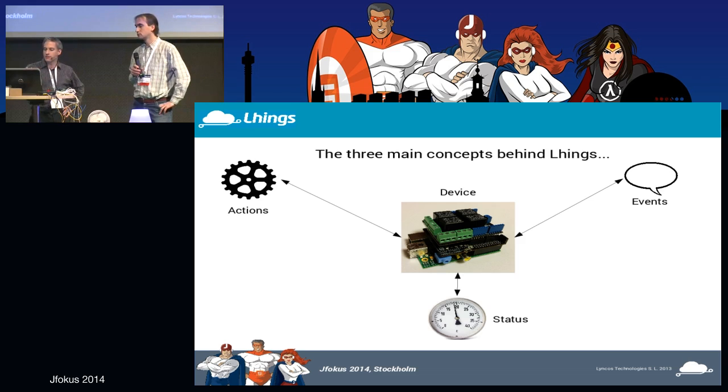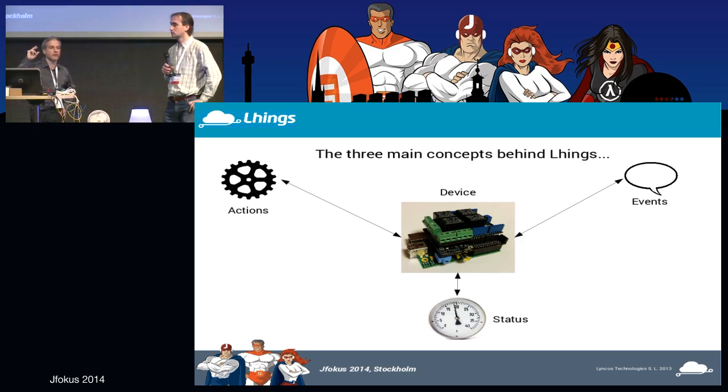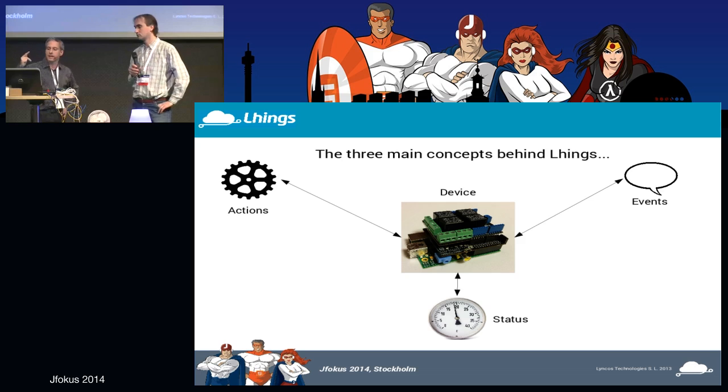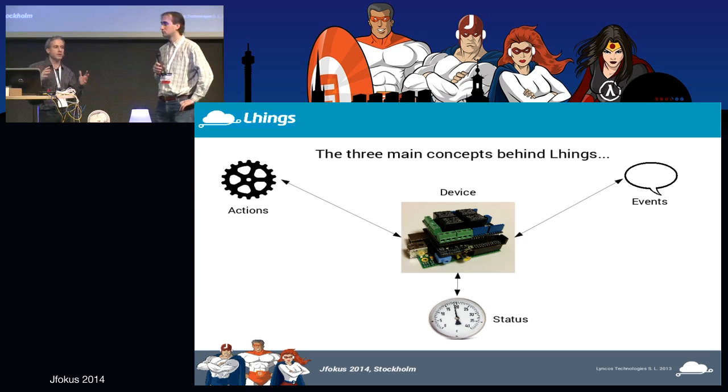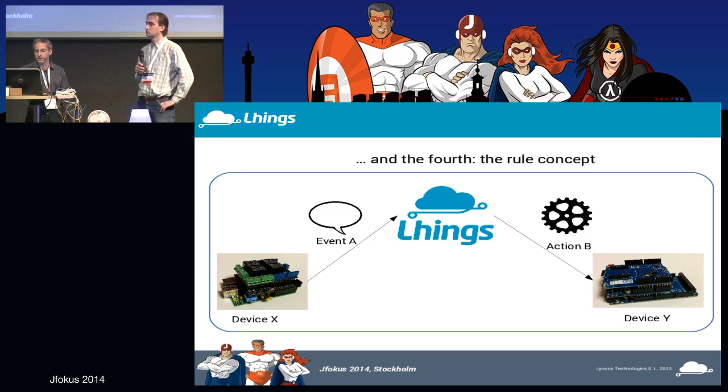So this is something important that we have to bear in mind when working with Lhings. These 3 concepts of actions, events, and statuses. A device is something that has actions, can send events, and has some status. And there is a 4th concept in Lhings, because you do not want your device to be alone in the world. You want to connect it to other devices.